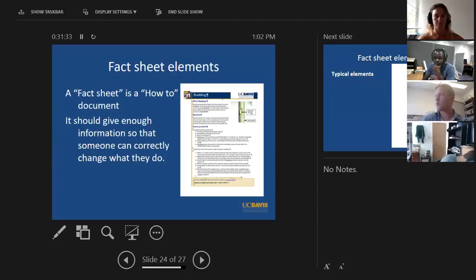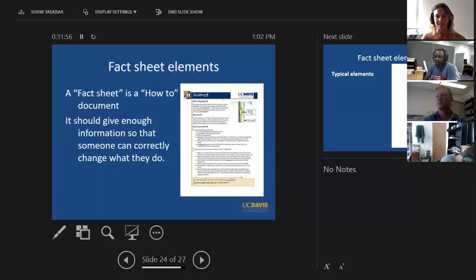Good to go? Thumbs? I have a question about the fact sheet. Yes. From some previous experiences dealing with university and extension, they want to review the message and make sure it's consistent with their school or university message or with the latest research findings. Yes.